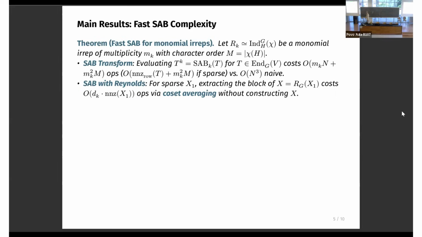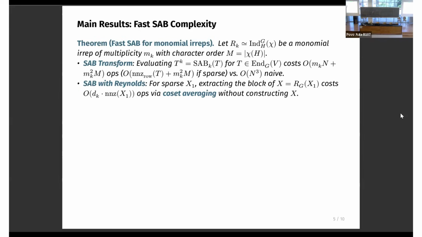Then evaluating the symmetry adapted basis transform, by which I mean just running U dagger T U, can be done much faster than naive. You only scale linearly in the size of the representation, which is usually the dimension of your truncated polynomial ring, and also linearly in the multiplicity, since you are computing a block of size mk squared.